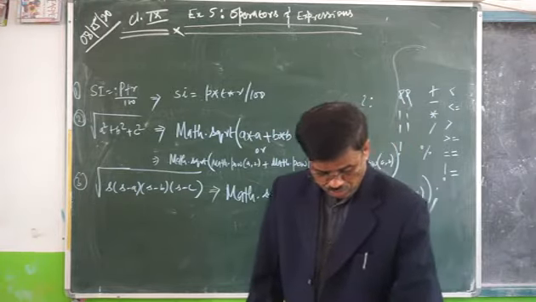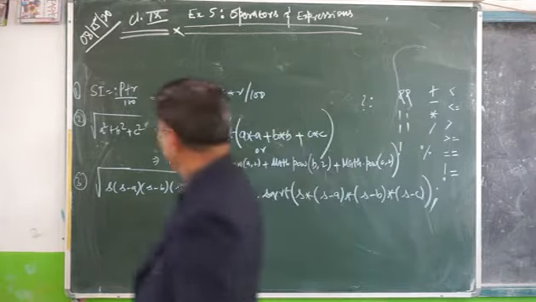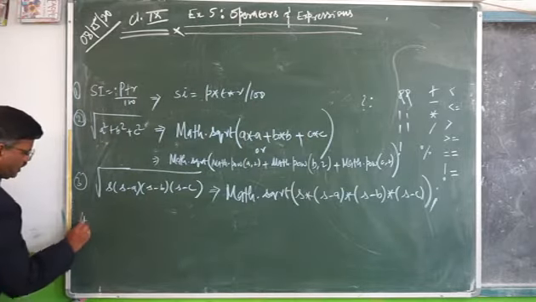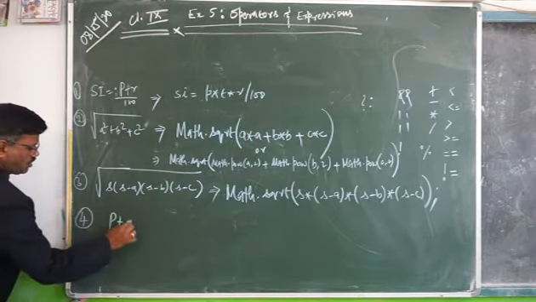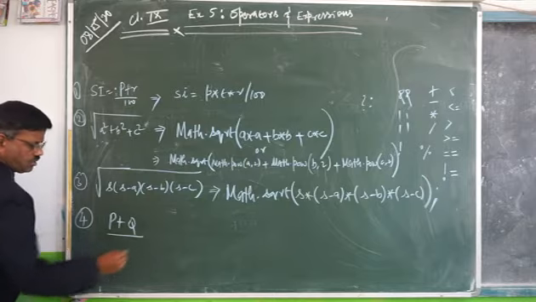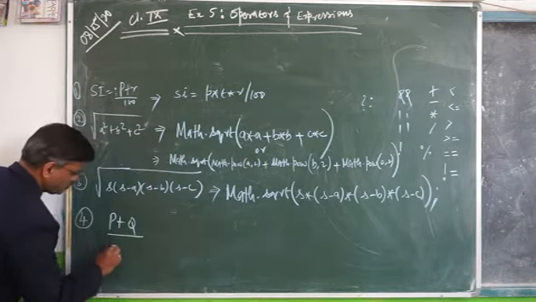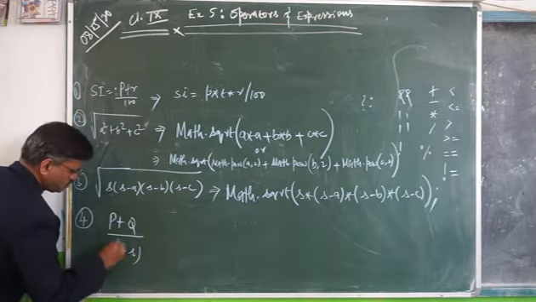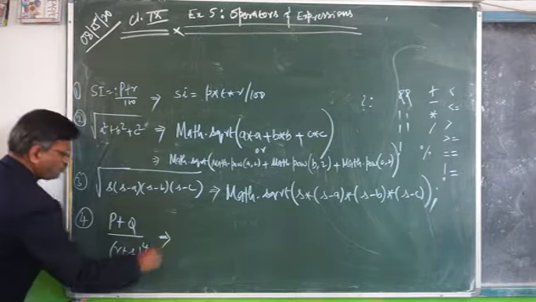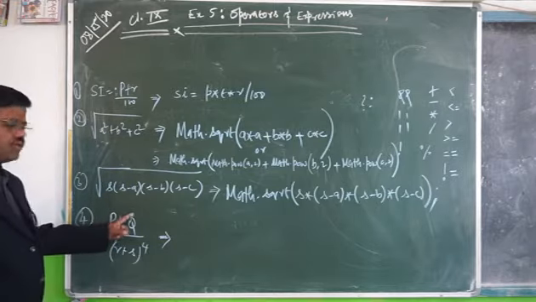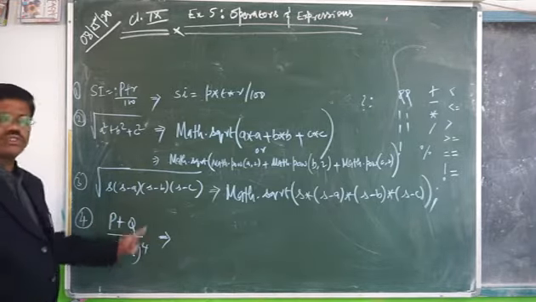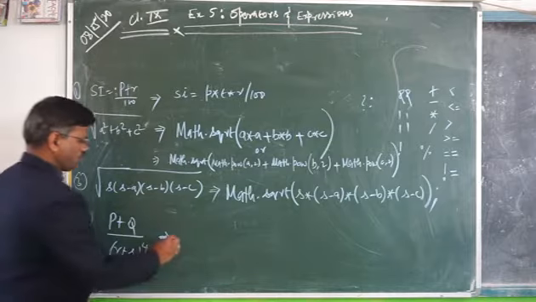Should I do one more problem? Yeah. Fourth example I will do. If I want to do P plus Q whole divided by R plus S whole raised to the power of 4, how do I do it?